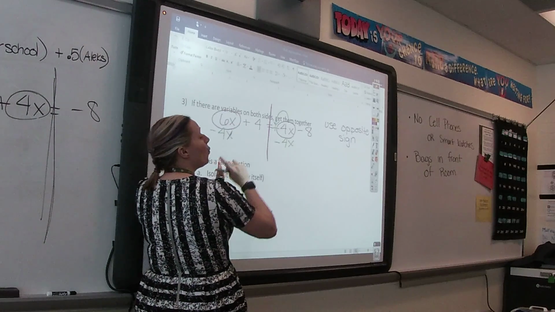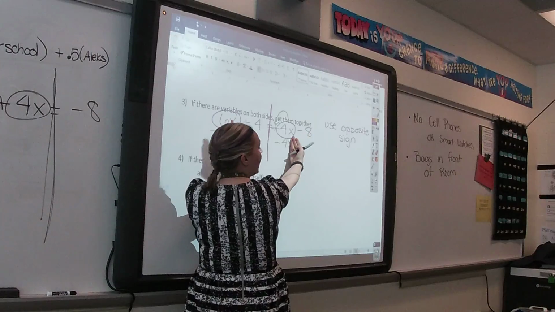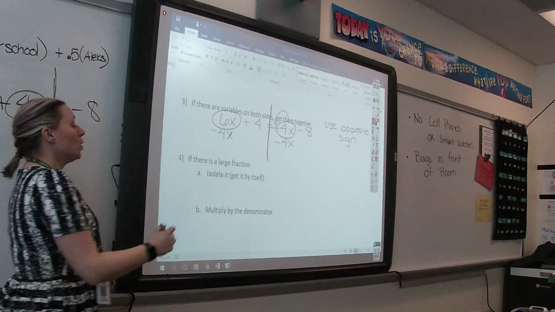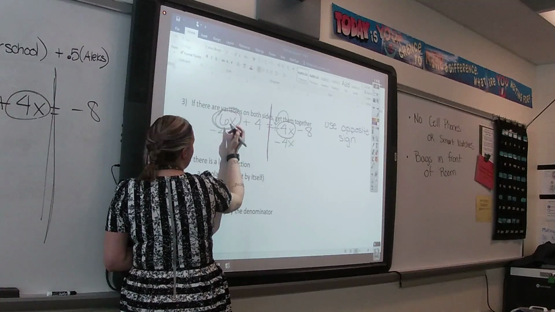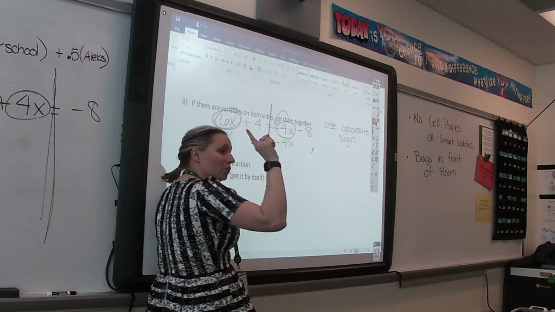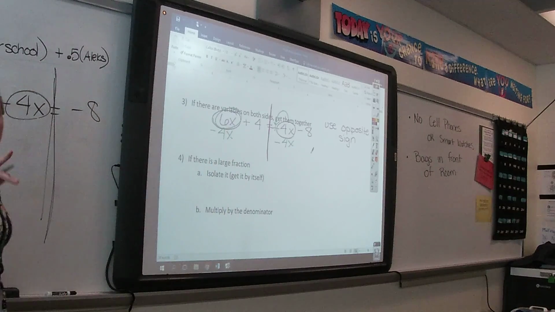So we're going to write it once on each side of the equal sign, and we're going to write it underneath where we have the like term. So don't write it here and don't write it here. Only one time on each side and only underneath where that x already is.